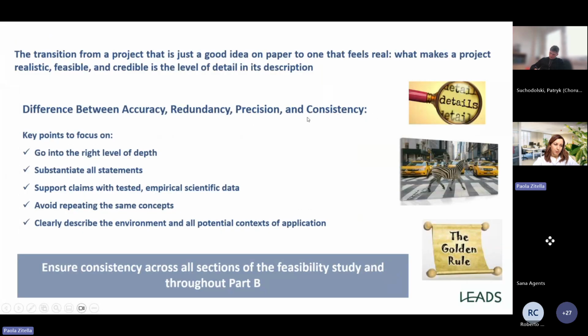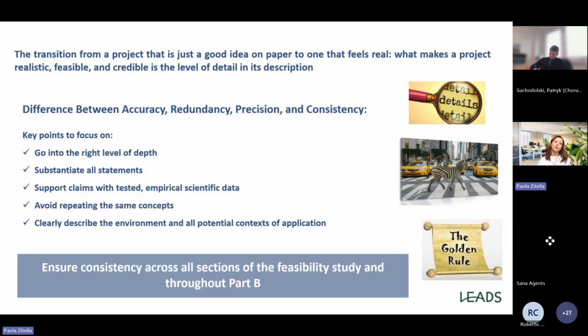And the difference between a project that is just a good idea on paper and one that feels real lies in the level of detail and consistency. So in order to demonstrate that you are providing not just a drawing, but a real photograph of something that could be realized, you need to focus on some key points.